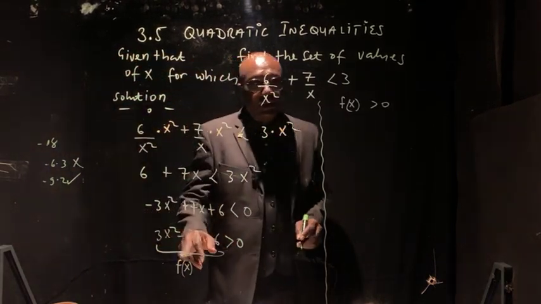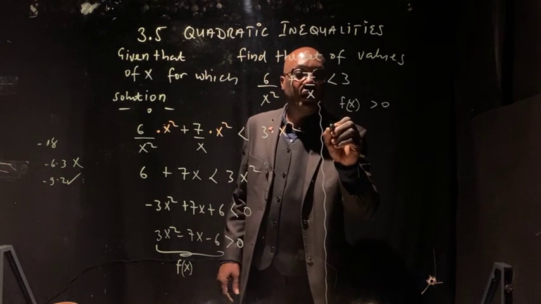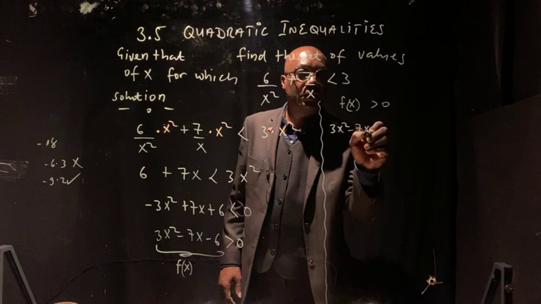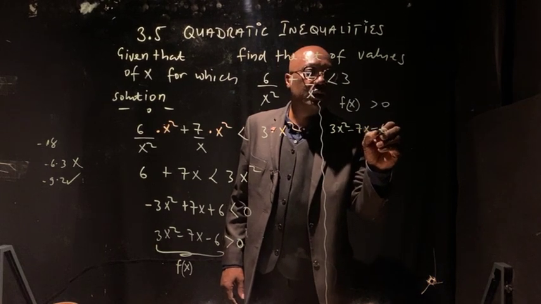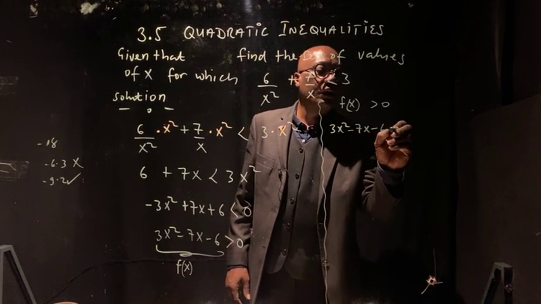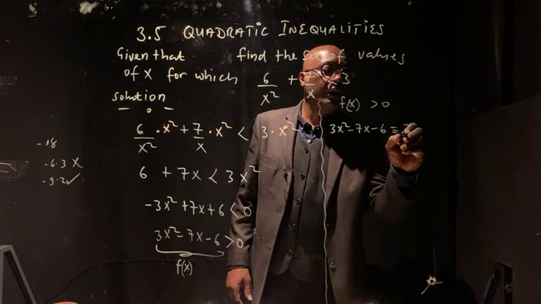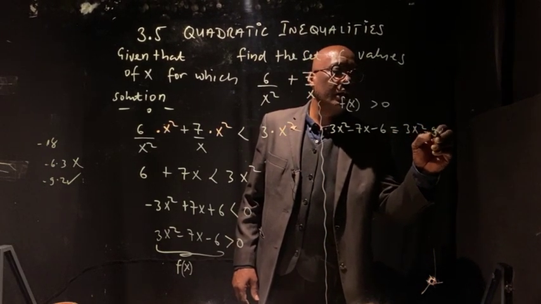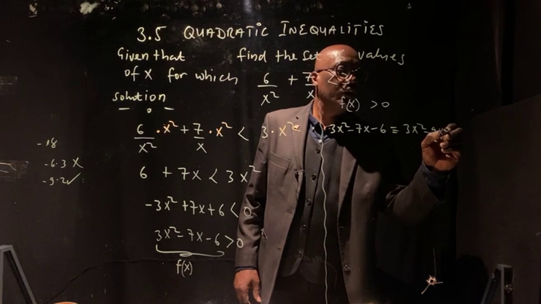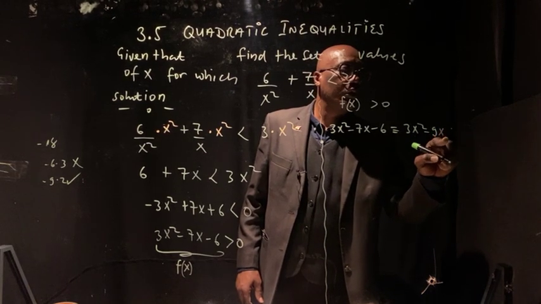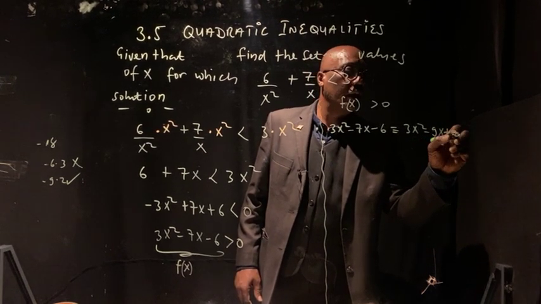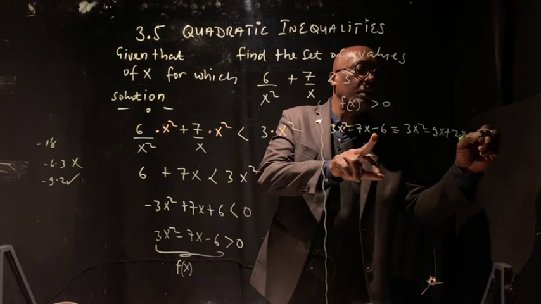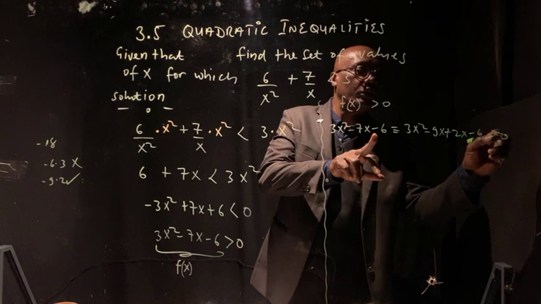In that case, this quadratic expression 3x squared minus 7x minus 6 is identical to 3x squared minus 9x plus 2x minus 6, all greater than 0.